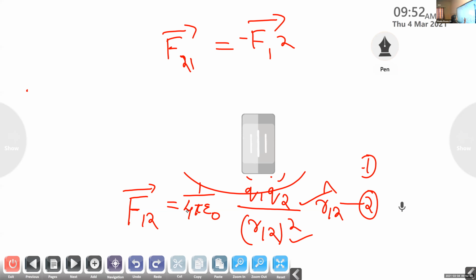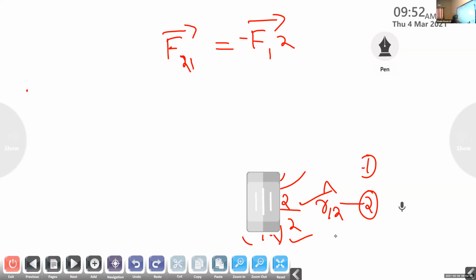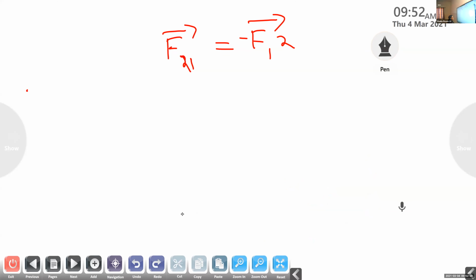From these equations, what do we conclude? Two equal and opposite forces act on the two charges. To every action there is an equal and opposite reaction. Have you heard about this law? Who proposed this law?